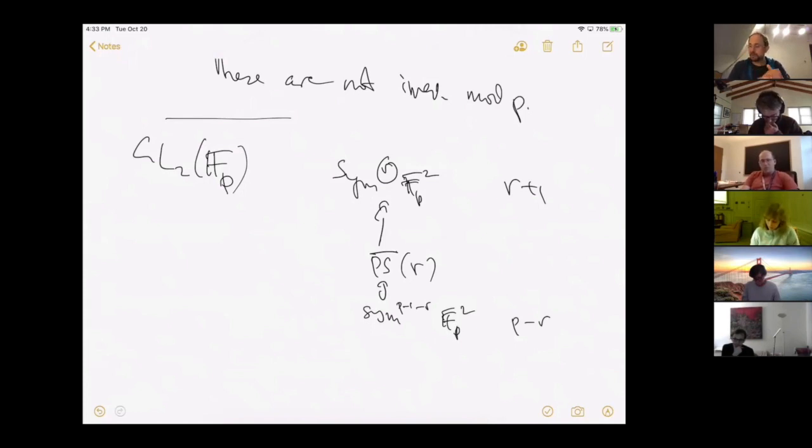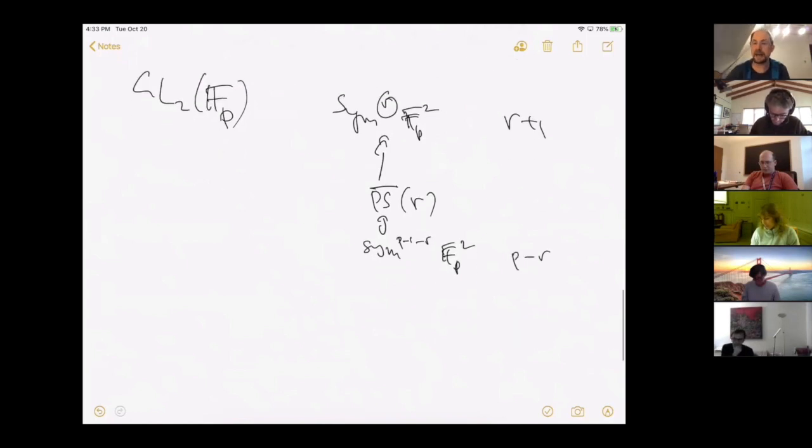But I want to remind you of two things. First of all, principal series r is isomorphic to principal series, again up to some twist, p minus 1 minus r. There's an intertwiner between them: if I choose two characters on the torus for GL2(F_p) and I induce them in characteristic 0 and I get a principal series, and I flip those two characters, the induction is the same.